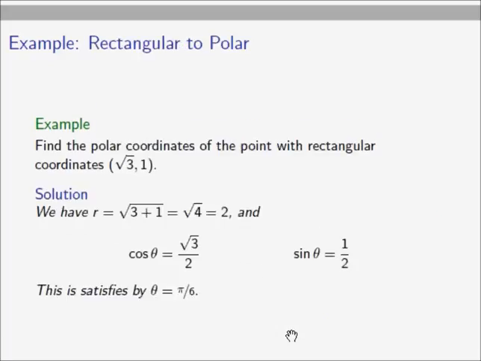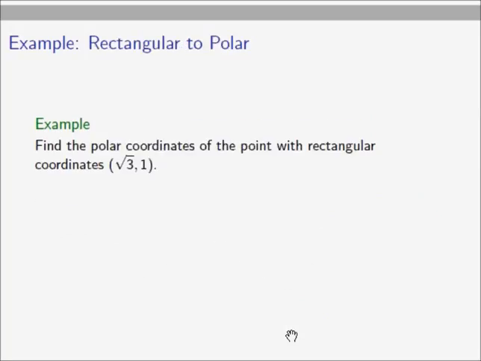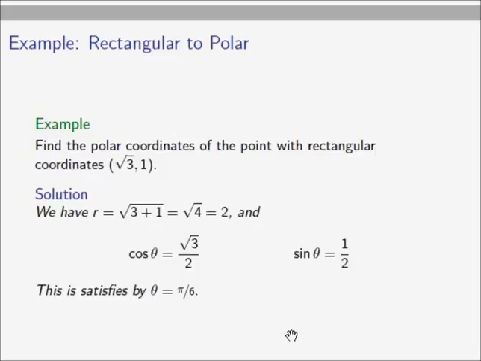X we know is root 3, r we just found out is 2, so cos theta would be root 3 by 2, and sin theta we showed over here is basically y by r. So y over here is 1 and r over here is 2. So you get this answer. You can use a calculator to solve this, and then you can get the polar coordinates of r and theta as 2 and pi by 6.